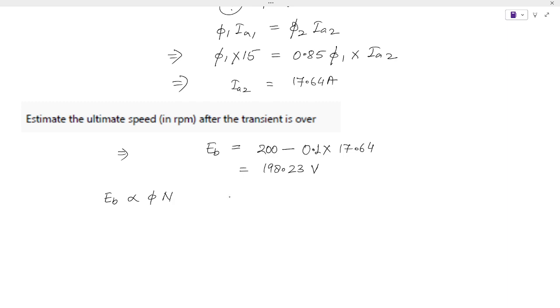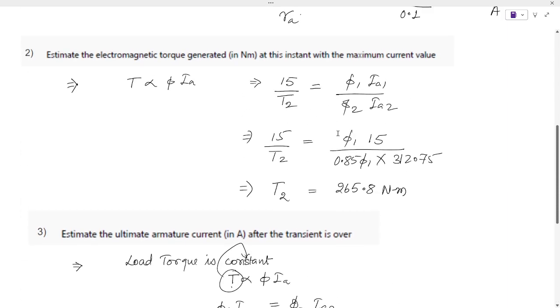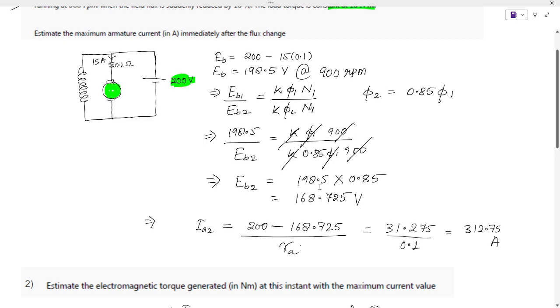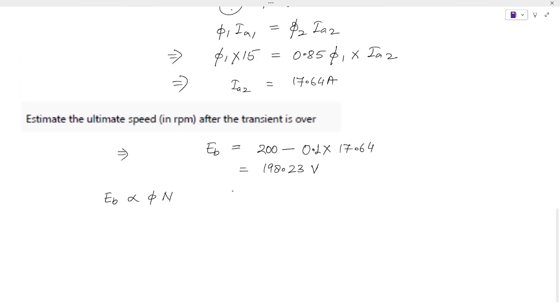So again, EB is proportional to phi n. EB initially, when speed was 900 rpm, was 198.5. Now we have 198.5 upon EB, which is 198.23, equal to phi 1 n1 upon phi 2 n2.